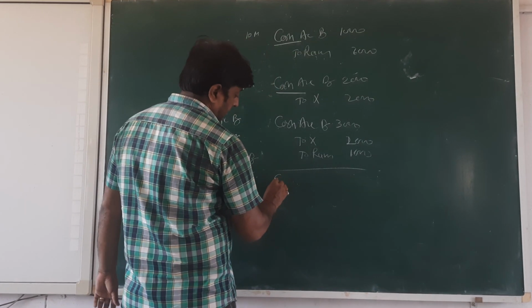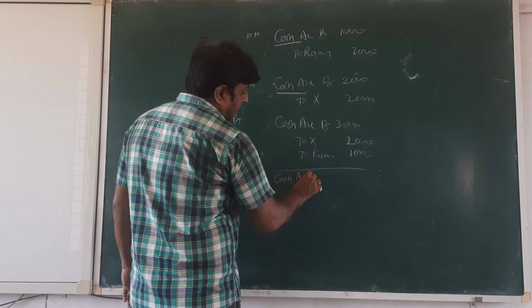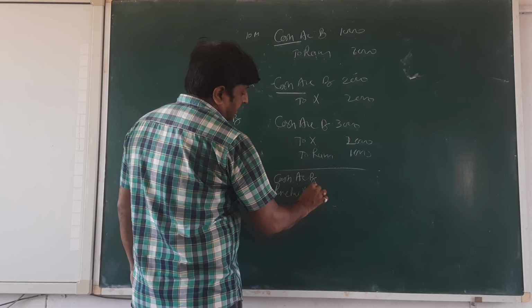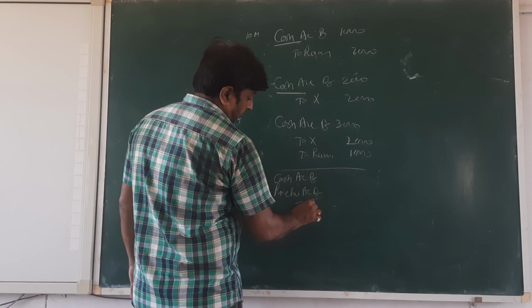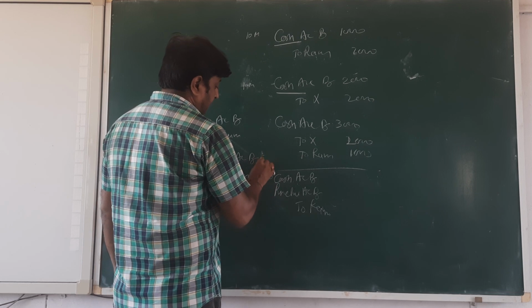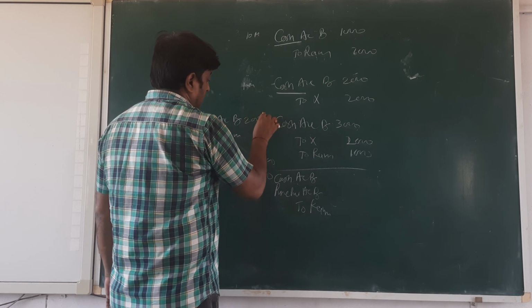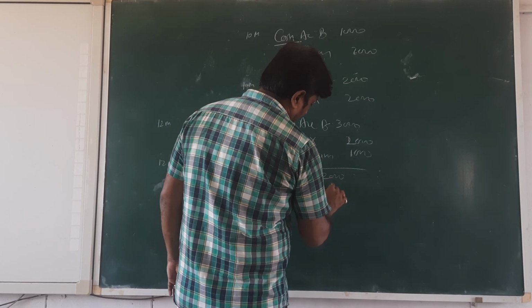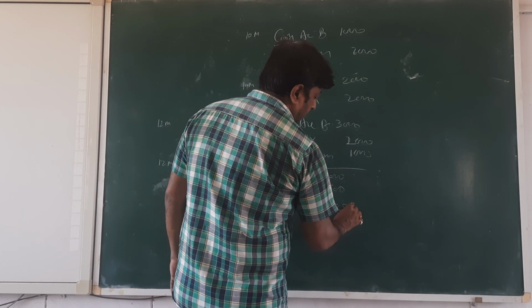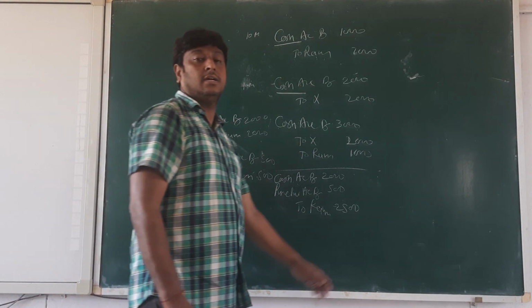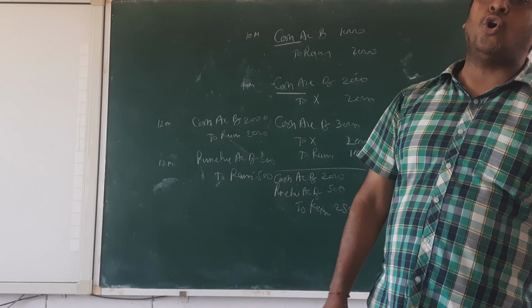Like this: cash account debit, purchase account debit to Ram. Okay beta, 500, 1500, total is 2000. Okay, this is called a combined or composed entry.